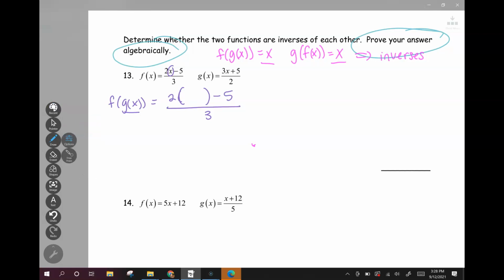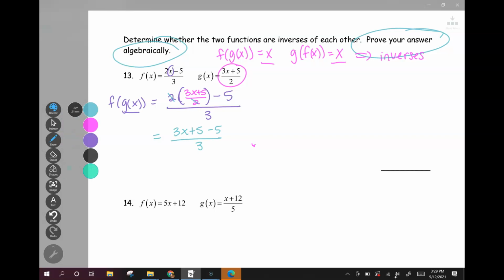Okay, now I'm going to take g and plug it in. All right, now we have to simplify, which is where we might have some trouble. Okay, right here you've got 2 divided by 2. Those can cancel. 2 divided by 2 is 1. 3x plus 5 minus 5. Okay, we're left with that.